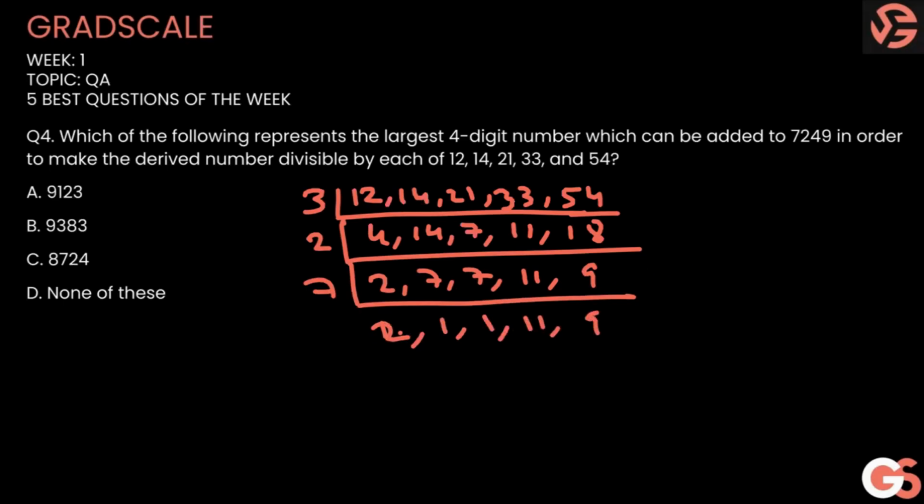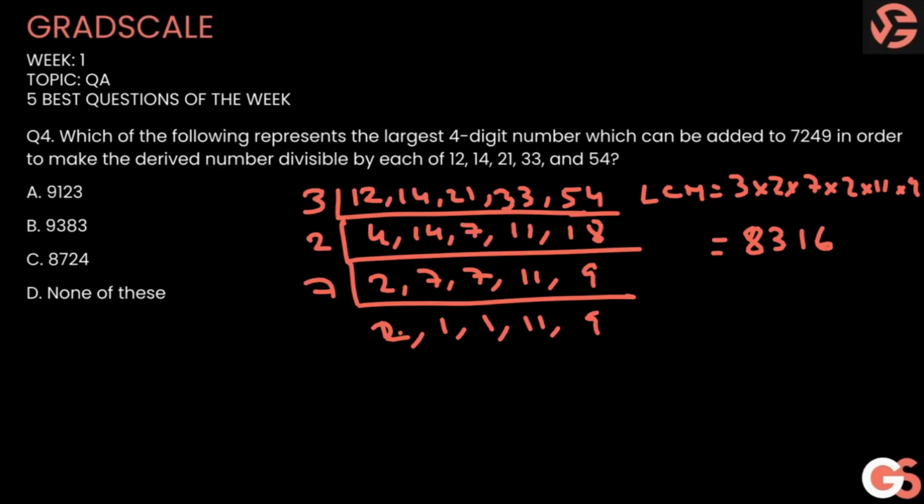We see that no other number can divide 2, 11 or 9. So the LCM becomes 3 into 2 into 7 into 2 into 11 into 9. This comes up to be 8316, which means 8316 is the least number which is divisible by all 5 of these numbers.